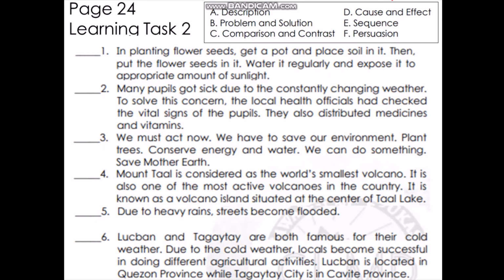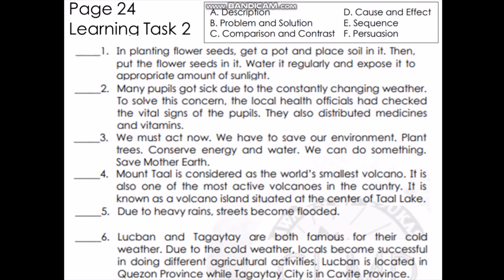Number 3. We must act now. We have to save our environment. Plant trees, conserve energy and water. We can do something. Save Mother Earth. A, B, C, D, E, F. Number 4.